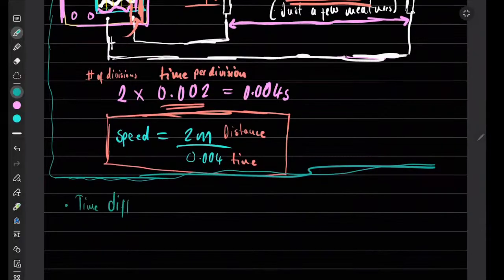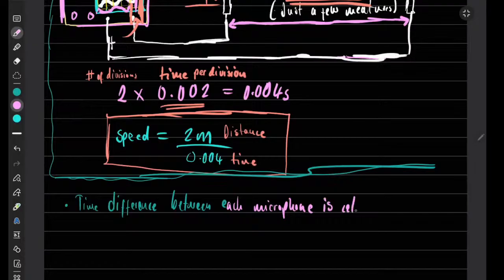Time difference between each microphone is calculated. Okay?